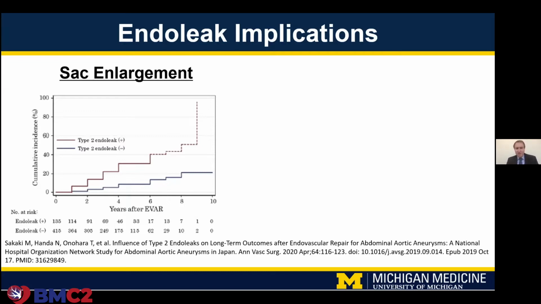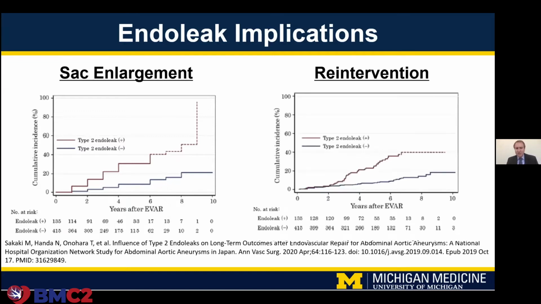What they found is that patients with a documented type 2 endoleak had a 5 times increased risk of developing aortic aneurysm sac progression or enlargement. In addition, these patients had a 4 times increased risk of needing an intervention, so 1, if not more, further surgeries in order to repair their aneurysm.